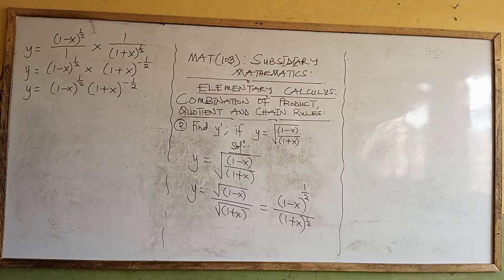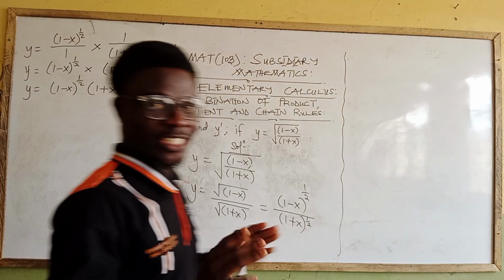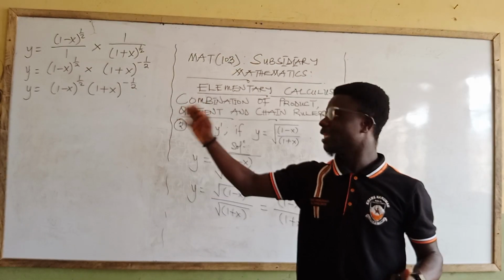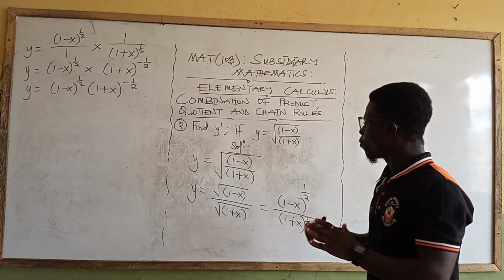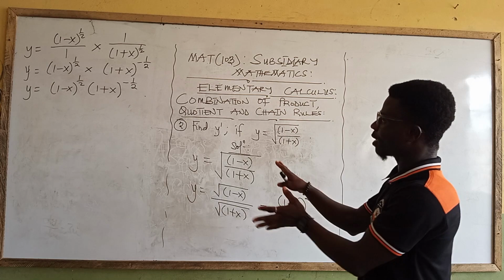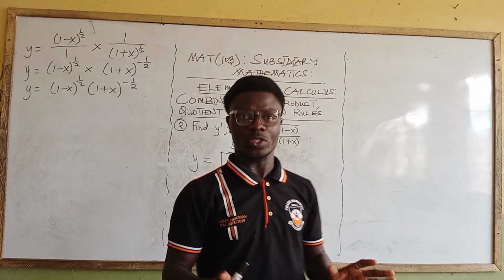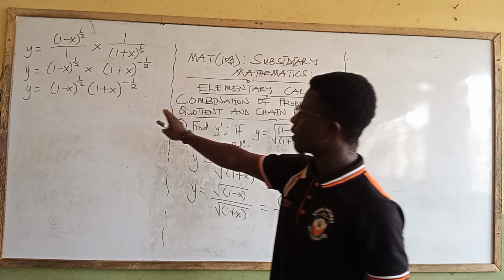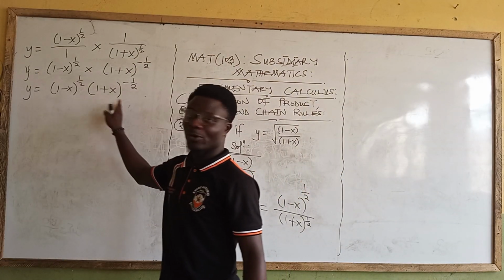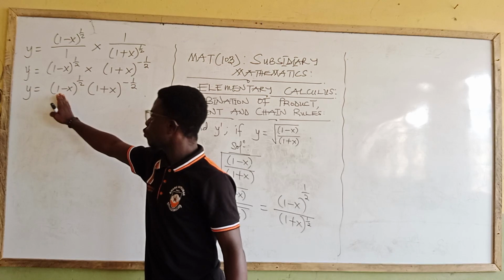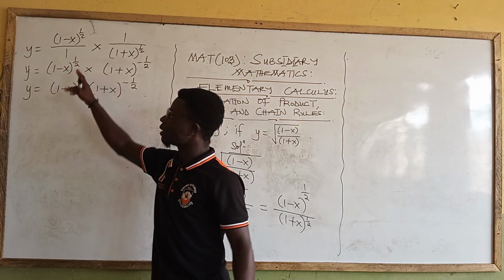So we have this. We've not differentiated yet, so kindly watch it. I've just massaged the question to look so simple for you to differentiate, right? So now you've seen this, you can apply the product rule because they are multiplying.